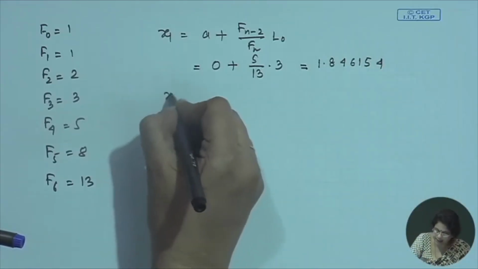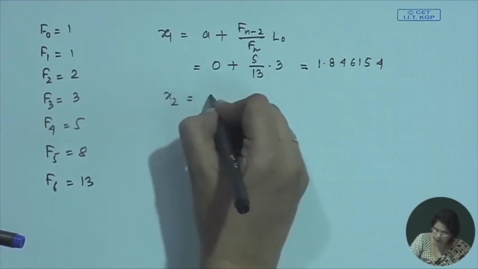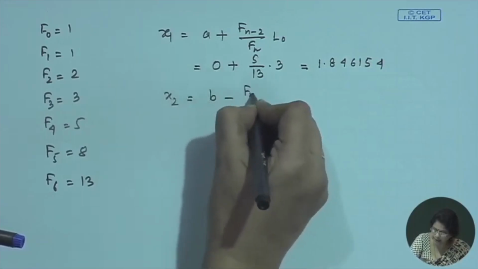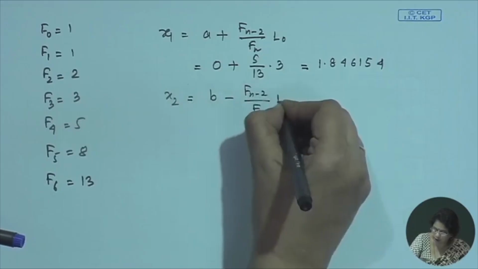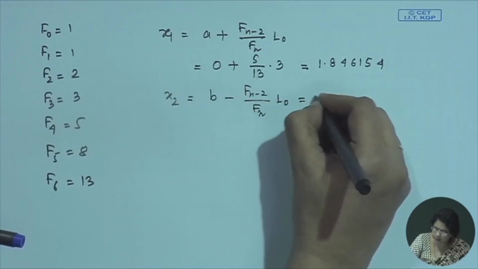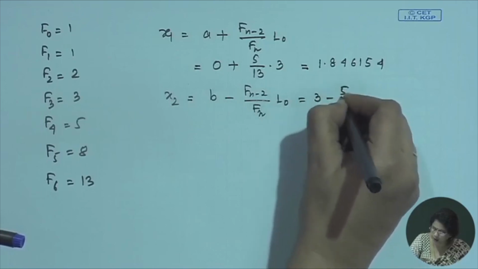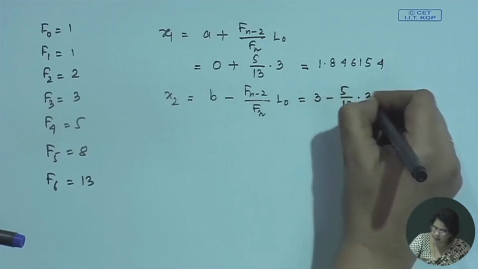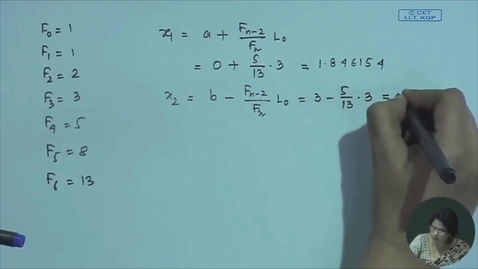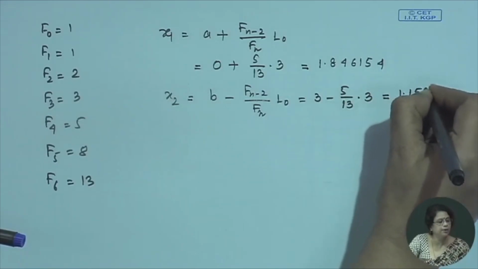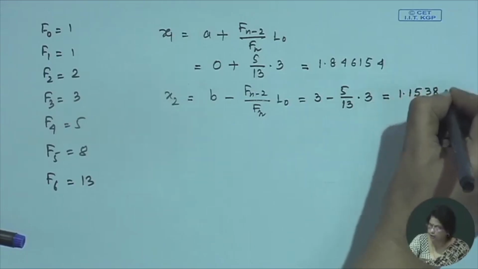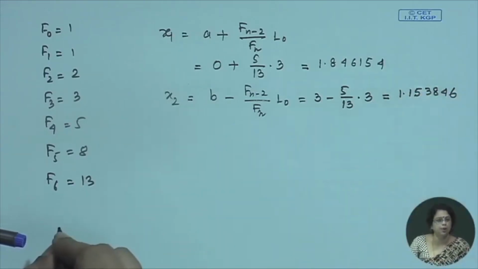And I will take x2. This is equal to b minus Fn minus 2 by Fn into L0. That is why this value is b, which is 3, minus 5 by 13 into 3, equal to 1.153846. I will get 2 approximations.